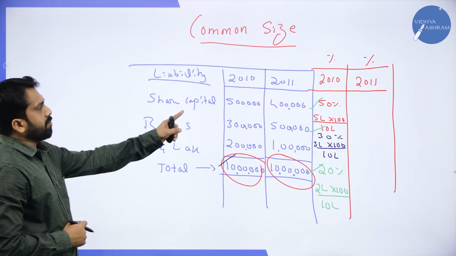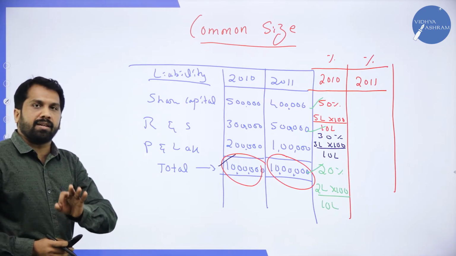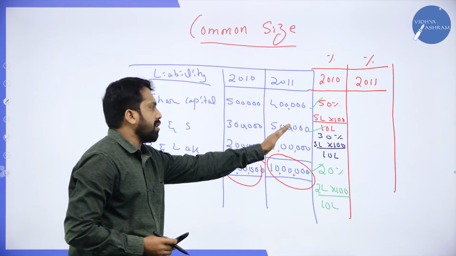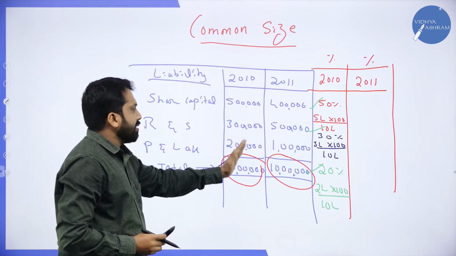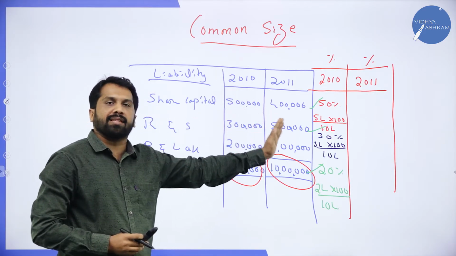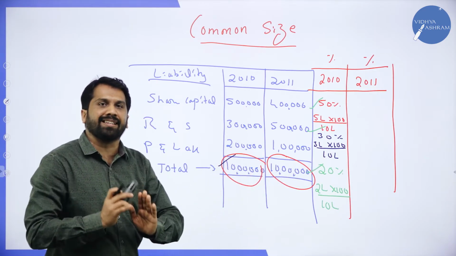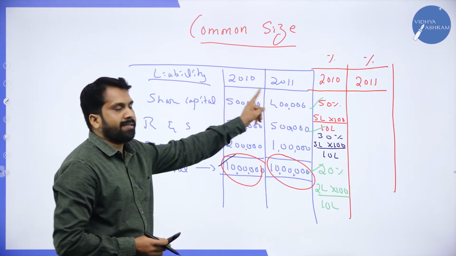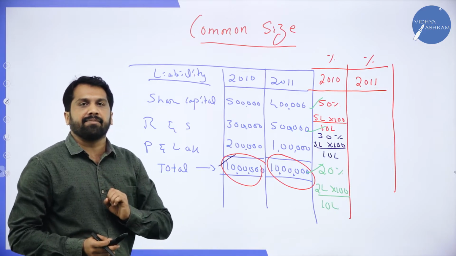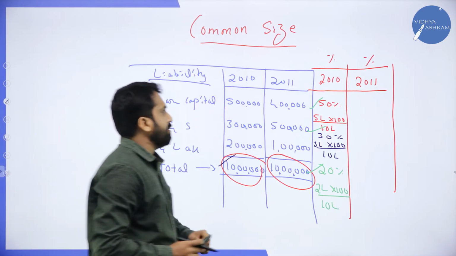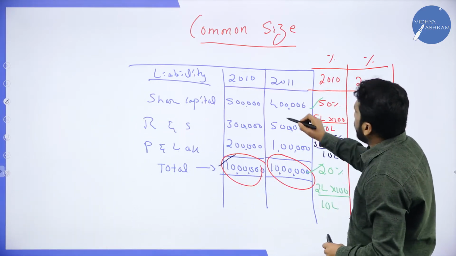Now we'll go for 2011. Remember, in common size, we will not compare. 2010 separate, 2011 separate. We will not interlink between 2010 and 2011. I'll go with 2011. You have 4 lakh.